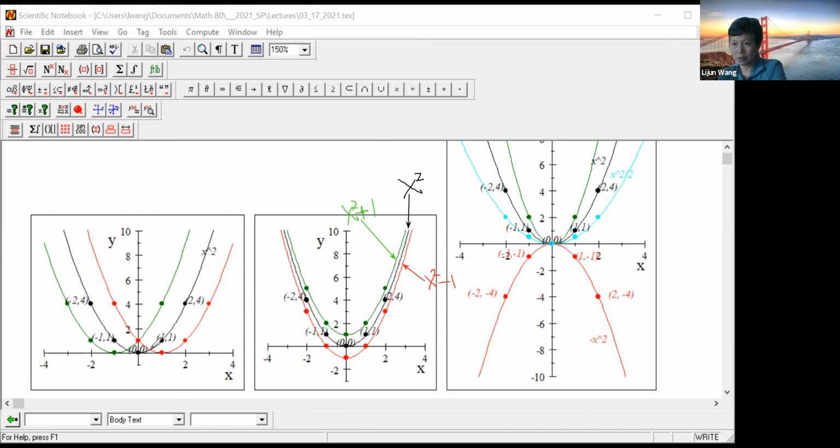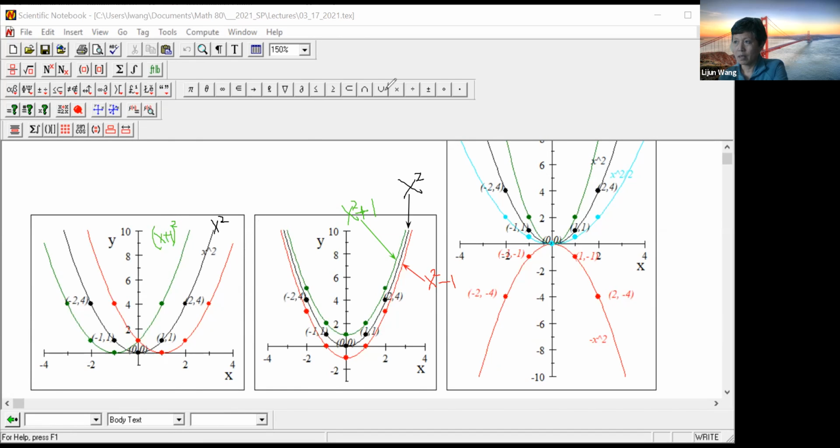Last but not least, we know we just marked this, but just in case. X squared, the green. This is a place that people tend to get confused.